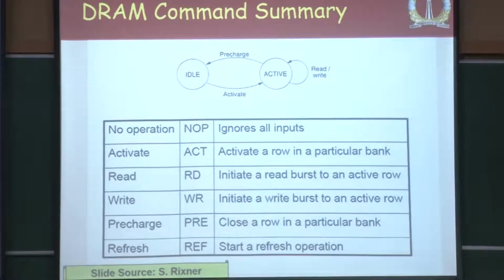So, again, that is in the form of some state transition diagrams. The device is typically idle. When you bring a particular row using activate, that row is active and you can do any amount of reads and writes on that row. But if you want to access a different row, then this row from the row buffer has to be written back.